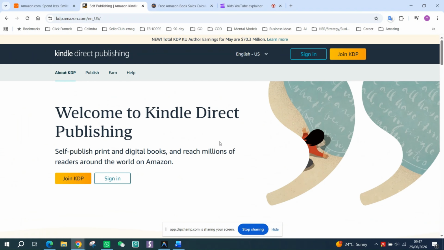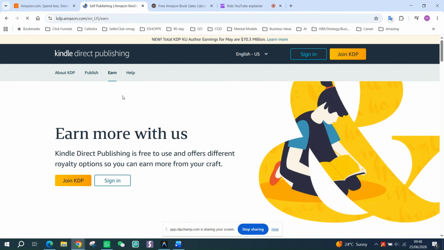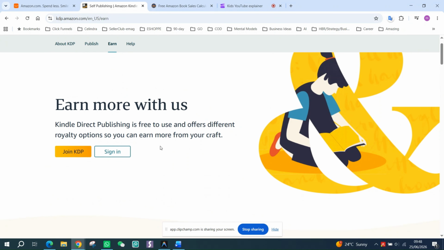Of course, you have to respect some rules in KDP about the quality of the book, about the cover, about the sizes and things like that. But that's something technical, more than what I am trying to do here. So if you want to see what you can earn from this KDP, it says it's free to use, and they offer different royalty options that you can earn from your craft.